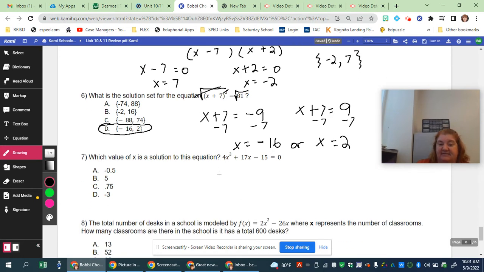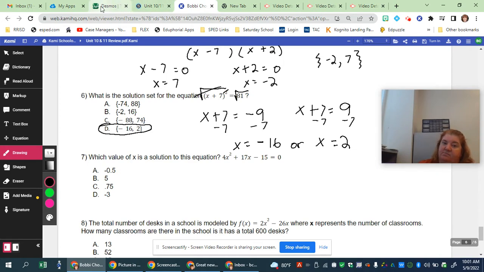The value of x is a solution to what equation? Which value of x? Guys, you can just plug it in, I guess. Well, no, I would do it by graphing.